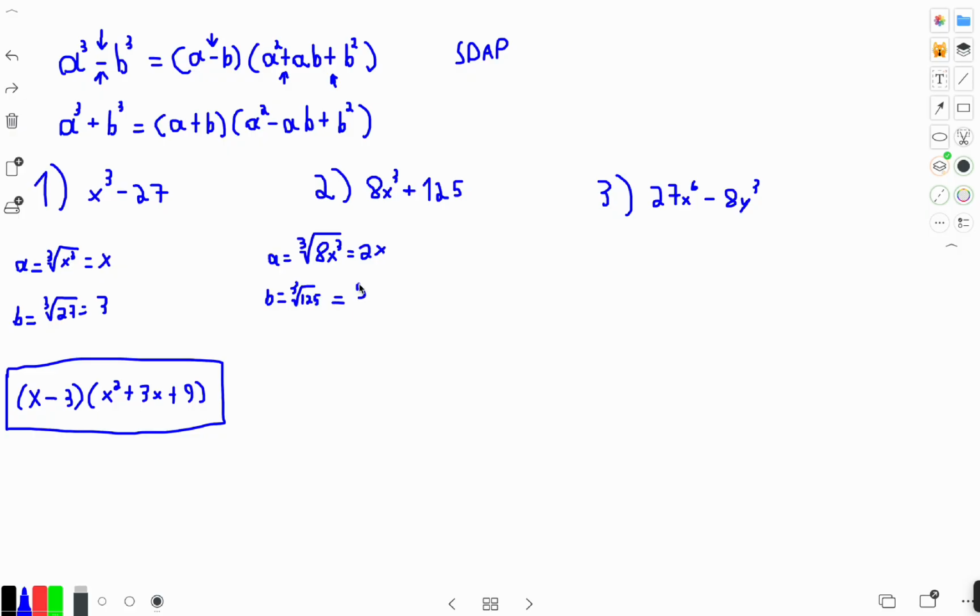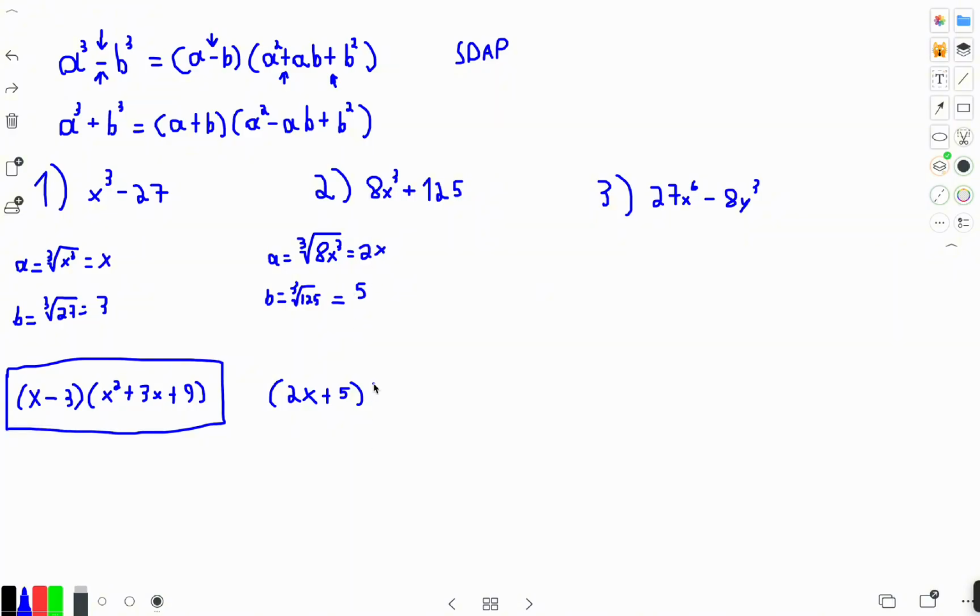Now let's apply the formula. So notice how, unlike the first example, this is the sum of two cubes. So we're going to be using formula number 2. So we're going to have same sign, so we're going to have 2x plus 5. Then we're going to have a squared and opposite sign, which is negative. So our a squared is 2x squared.